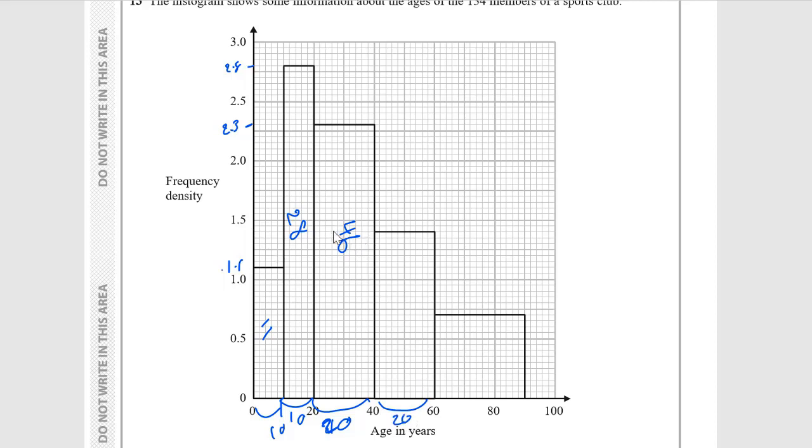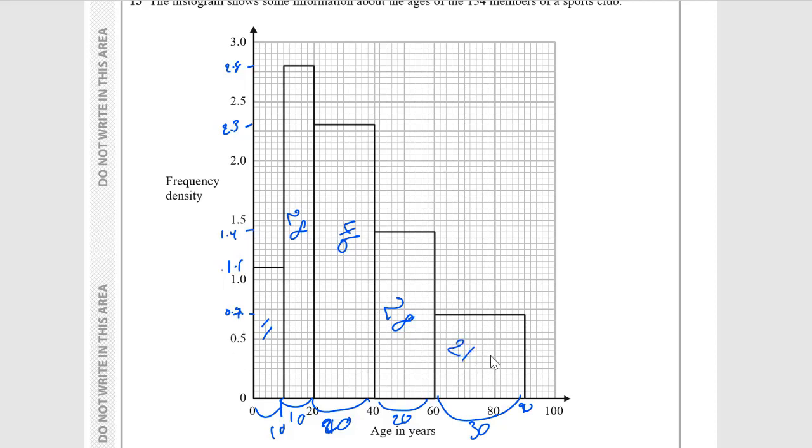And then we've got on this side 1.4. So 1.4 times by 20 gives us 28. And then here we have 0.6, 0.7. And here we have, so that's 20. And then that, so this is 90. So the whole thing here is 30. So 30 times 0.7, so that gives 21.